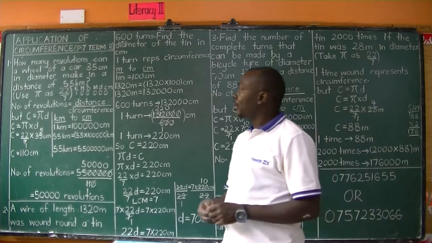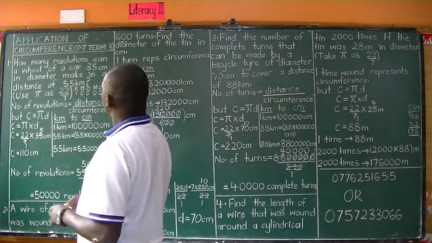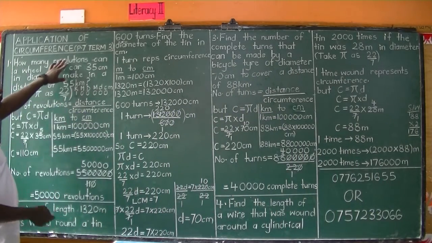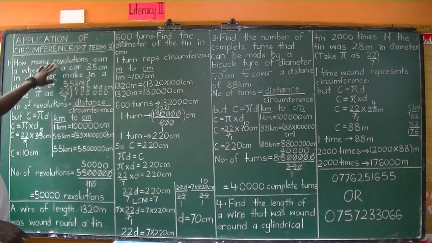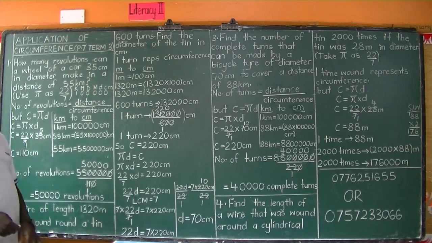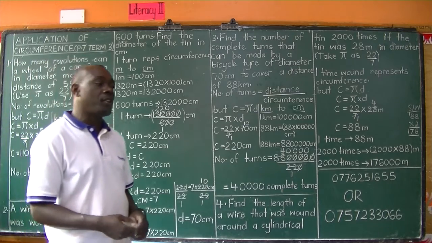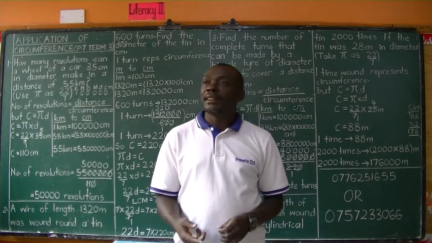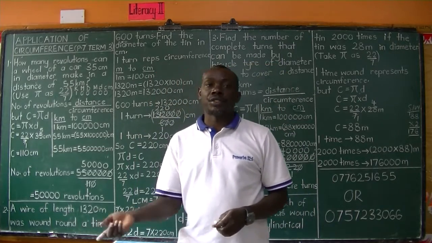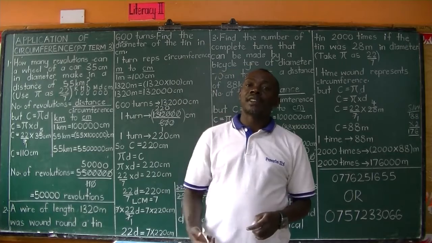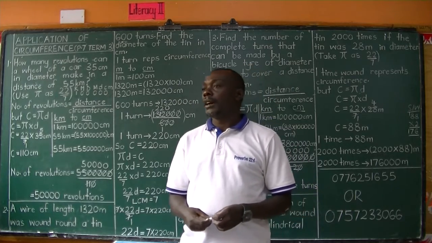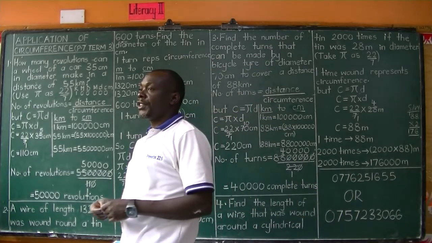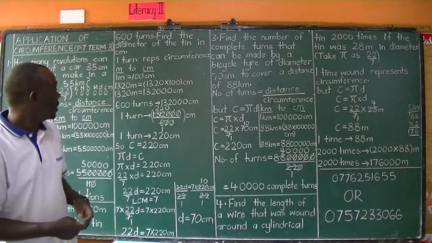So therefore, we are going to see how many times the wheel is going to rotate. To revolve is to rotate, and the word revolution comes from the verb to revolve, which means to rotate. The noun from the verb to rotate is rotation, and the noun from the verb to revolve is revolution.